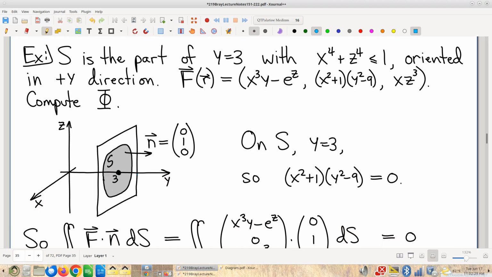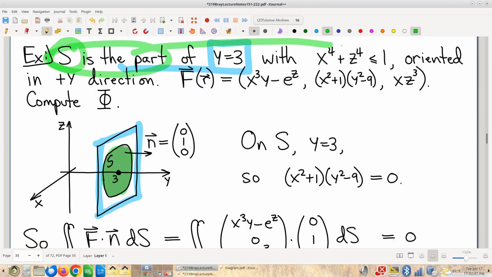Here we have a bit of a strange surface. This surface is a part of y equals 3. Here's the plane y equals 3. It's not all of y equals 3, it's just the part that satisfies that inequality.